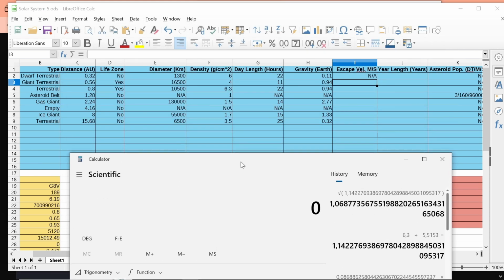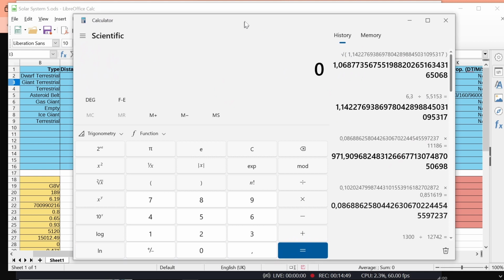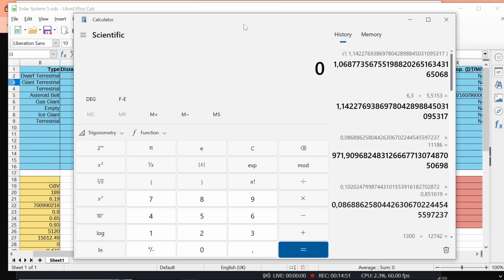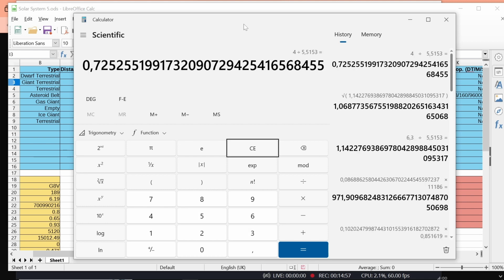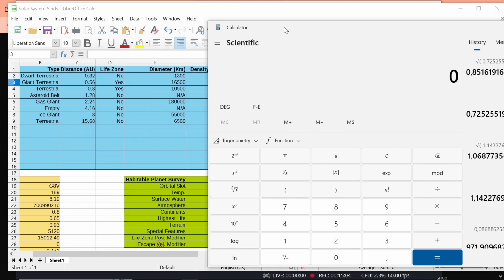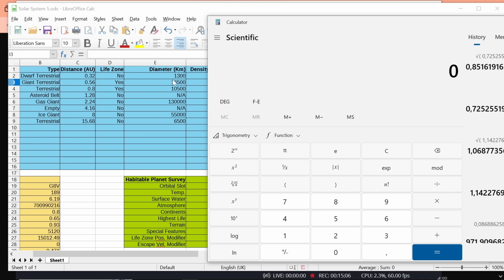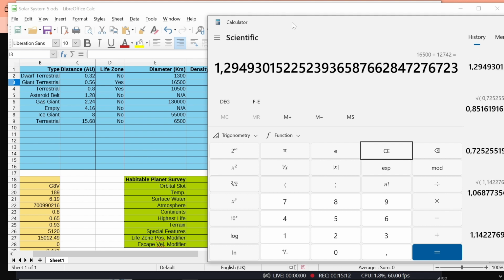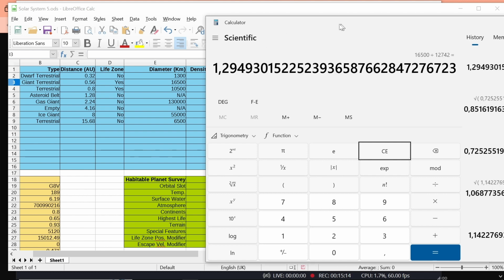So the density of that is 4. I knew there was something wrong. 4 divided by 5.5153 equals this number. We take the square root of that, 0.851. Good. Now we take the proper diameter, 16,500, divide by 12,742 equals 1.29.